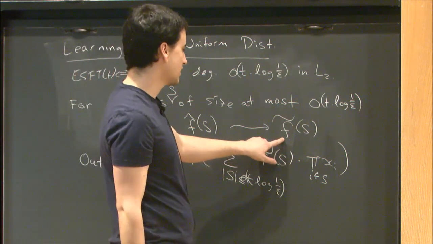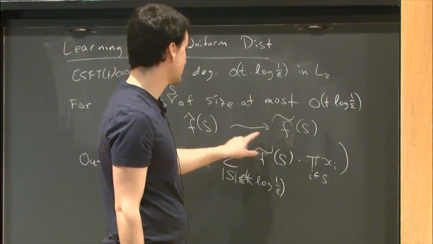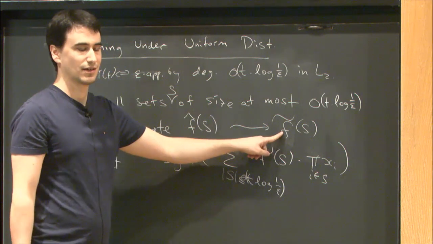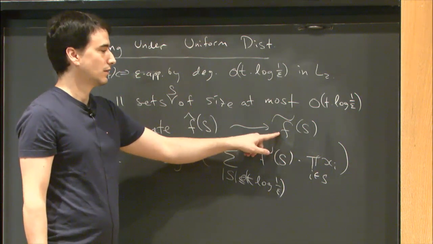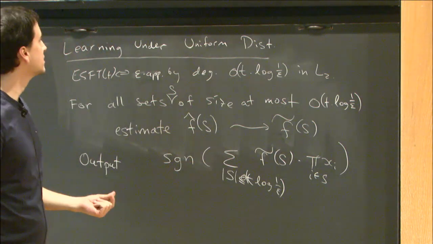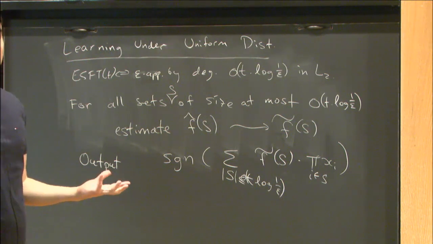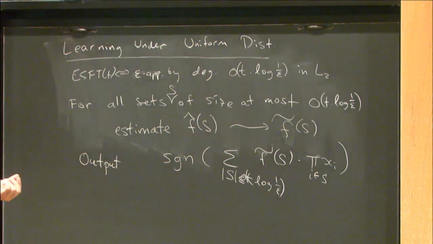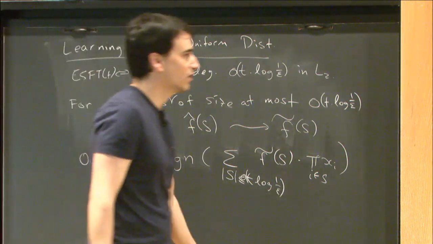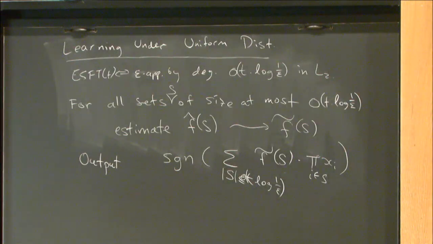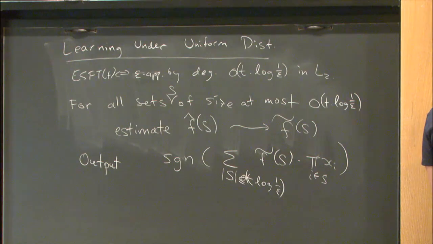So the only thing that we need to worry about is, can we estimate it in a good way? And the reason that we can do it is just by the definition of the Fourier coefficient. We recall that a Fourier coefficient is the correlation of the function with the parity function.